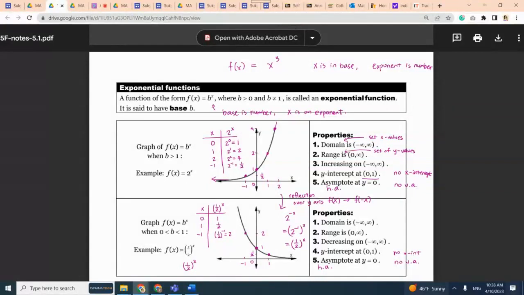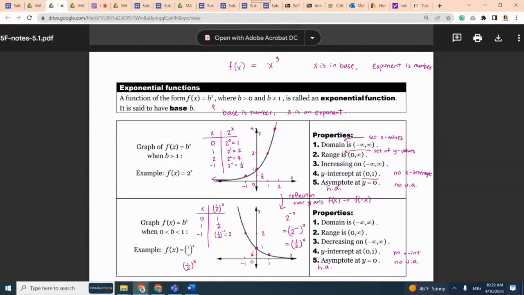And from 2 to the x to 2 to the -x, do you remember our transformation? If you have your x, y and you put a minus sign in front of the x, this is a reflection over what? The y-axis. Exactly. That's why this graph is the reflection of this graph over the y-axis. So this is a property of exponential functions.